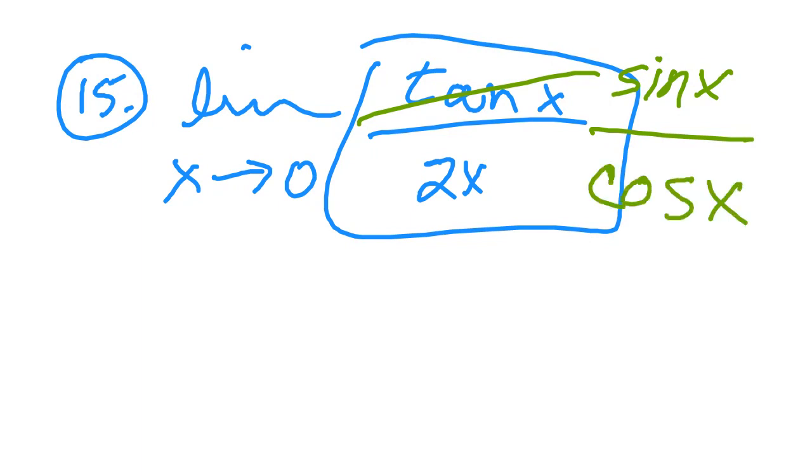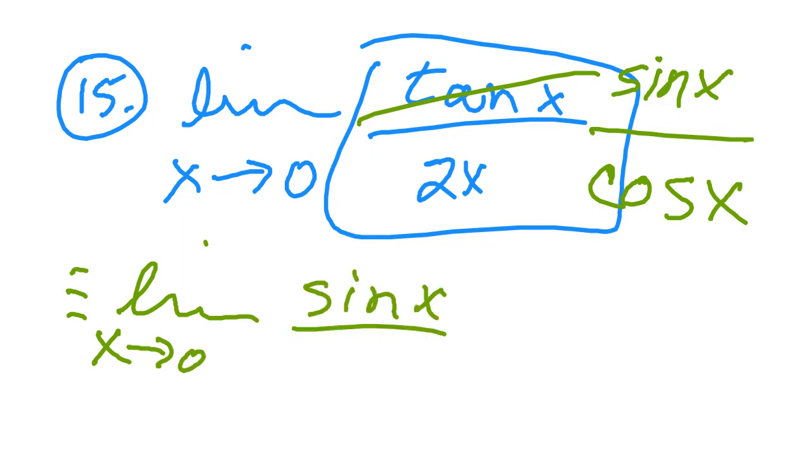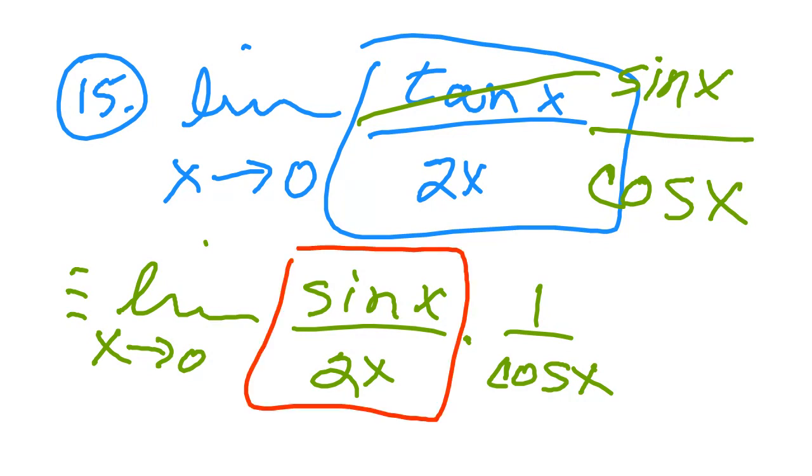So this is equivalent to the limit as x approaches 0 of sine x over 2x times 1 over cosine x. Okay, so in this case, now I can say, hey, that kind of looks like my theorem.